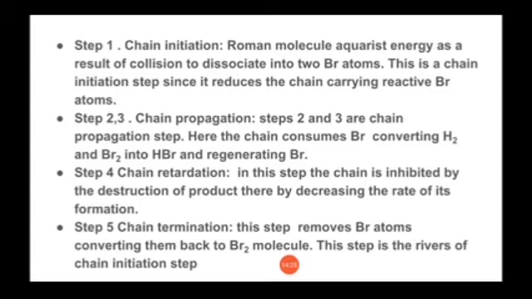So students, this is our chain reaction, that is the kinetics of chain reaction, in which we have shown that d[H]/dt equals d[Br]/dt equals 0 according to the steady state approximation, because in the steady state approximation we are comparing the rate of initiation and the rate of termination. So both will be equal.